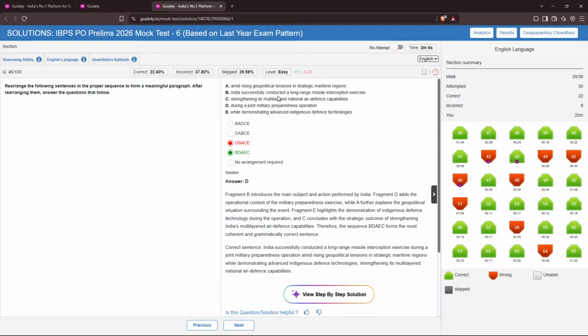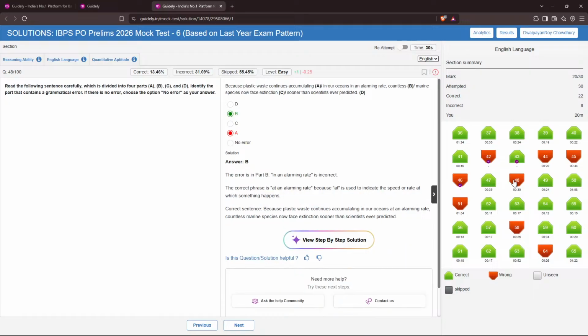India successfully this, during this, amid this, while technologies strengthening, because plastic waste continues accumulating in our oceans at an alarming rate. Countless marine. So in B, as a, at an alarming rate, we get speed.